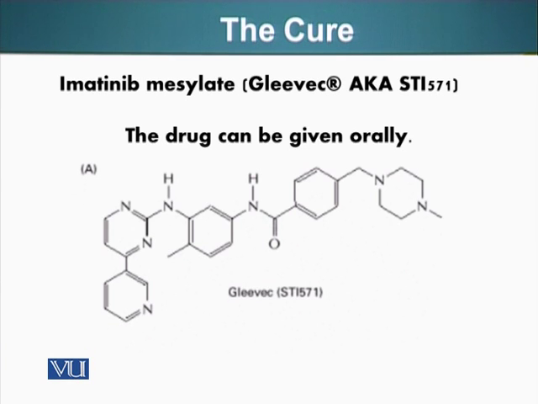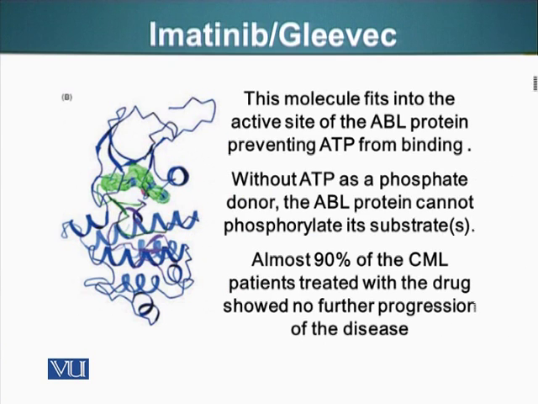We know what the active site of an enzyme is. When it fits in the active site, it prevents this BCR-ABL fusion protein from binding ATP. If this protein cannot bind ATP, it will not be able to transfer a phosphate group to its target protein, the substrate protein, and relay the signal forward.